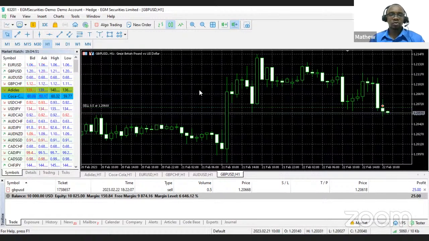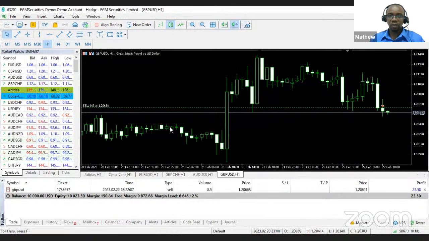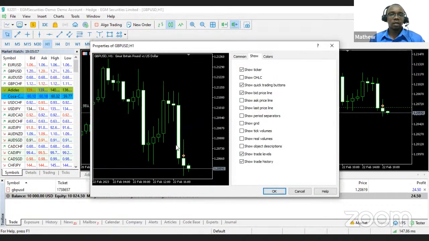So what you need to do is, first of all, I would want to remove this grid. Basically I'll just remove the grid. You see now the chart is kind of not shouting, it's kind of clear. Then go to properties. Now I really want to have a look at what we have here.